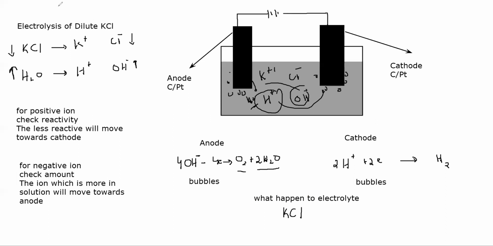Any doubt in this electrolysis of dilute solution and concentrated? One more thing, I give you the exception that if there is a sulfate ion, nitrate ion, or carbonate ion, even though they are more in the solution, they will never move. I'll give that example now.